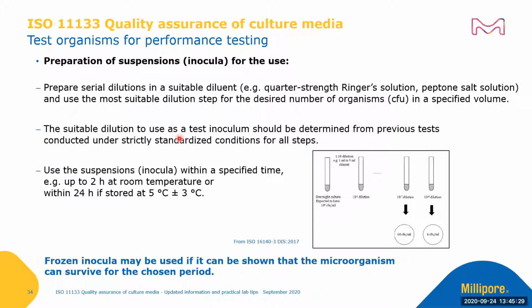The suitable dilution to test as a test inoculum should be determined from previous tests conducted under strictly standardized conditions for all steps, by preparing these dilutions and plating them out. These suspensions can also be held 2 hours at room temperature or be used after storage within 24 hours if stored at 5 ± 3 degrees. Frozen inocula can also be used if it has been shown that the microorganisms can survive for the chosen period.